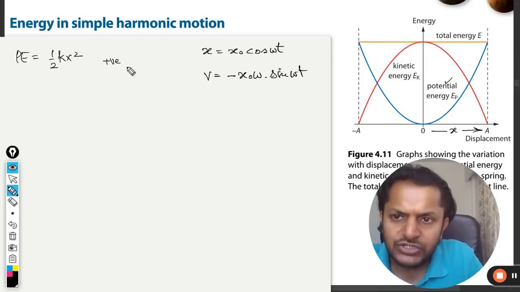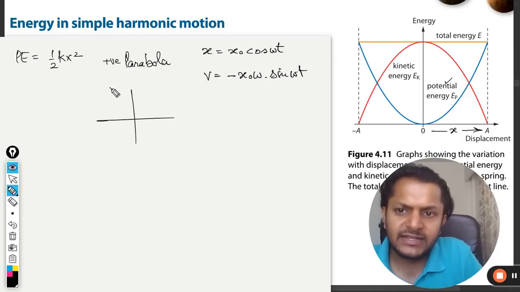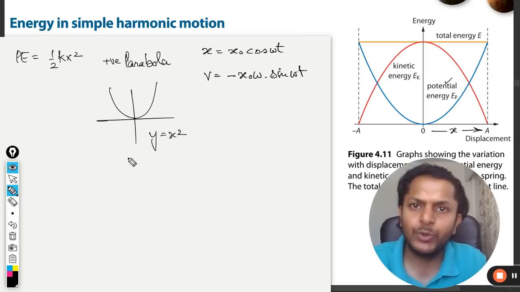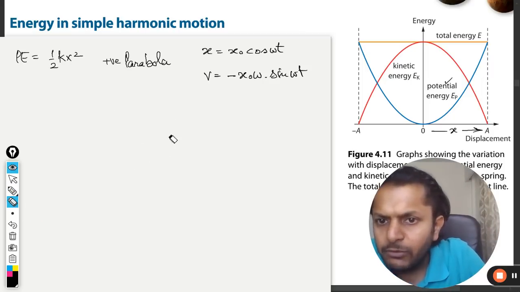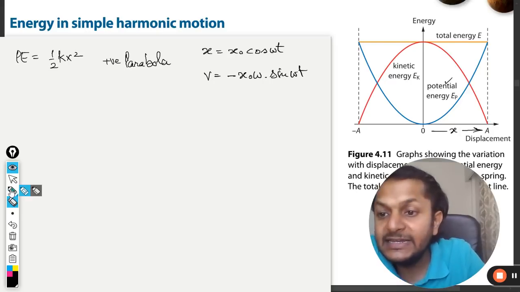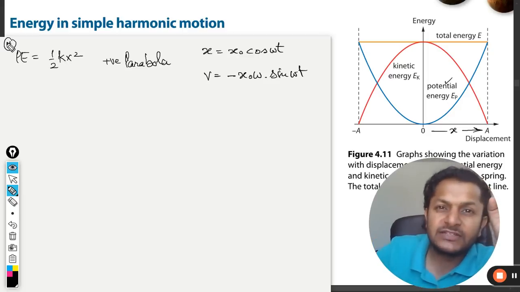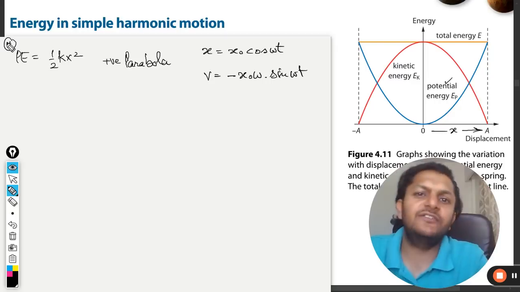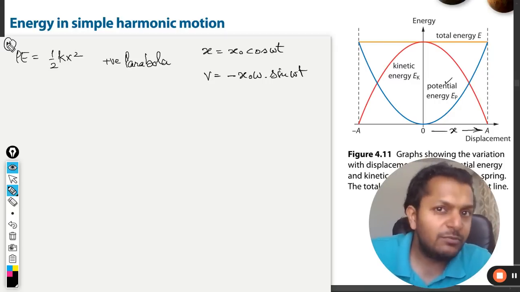So it is a positive parabola, I can say. Yes, positive parabola means somewhat like this. So it is the y is equal to x square situation. So I'm just calling it a positive parabola. So the formula is in front of you, and indeed this is one of the simplest formulas for simple harmonic motion, but it is the most effective formula that we are ever going to use in simple harmonic motion.